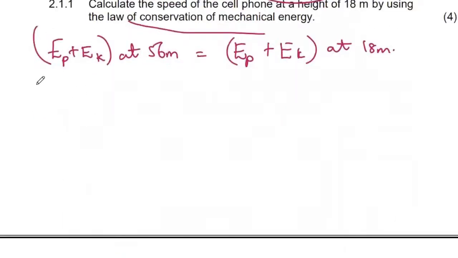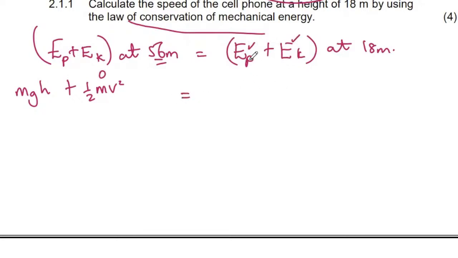From our formulas, we know that EP is mgh. The EK is a half mv squared. Since there is no velocity at this height, this EK is going to be 0, and the cell phone is going to have a maximum EP.